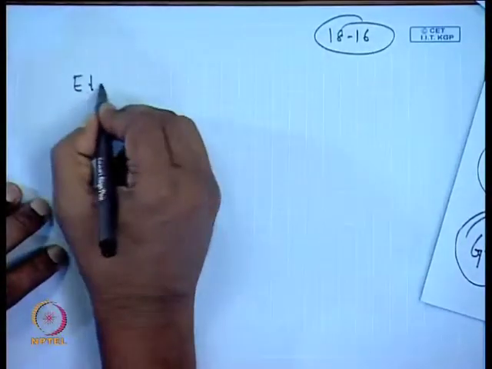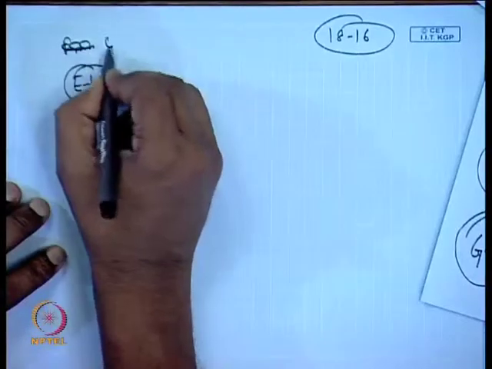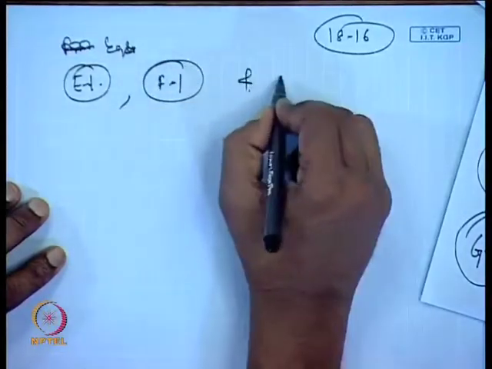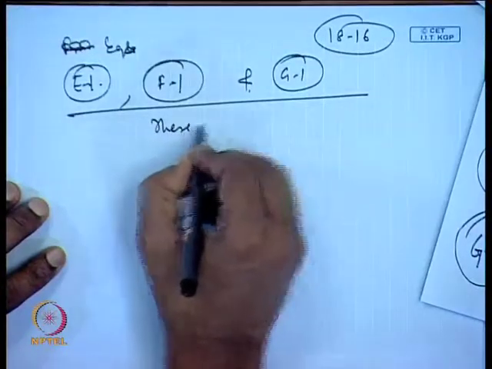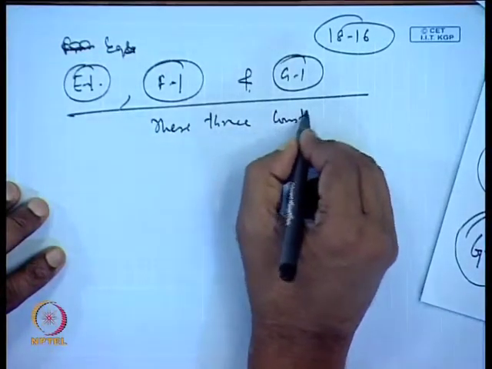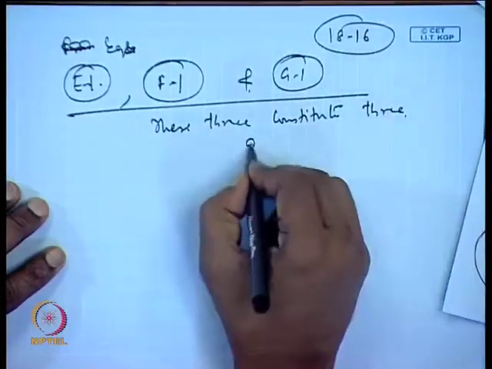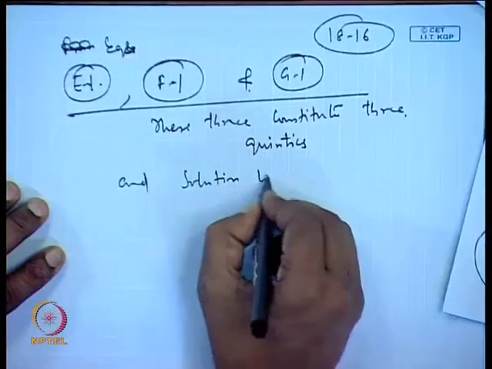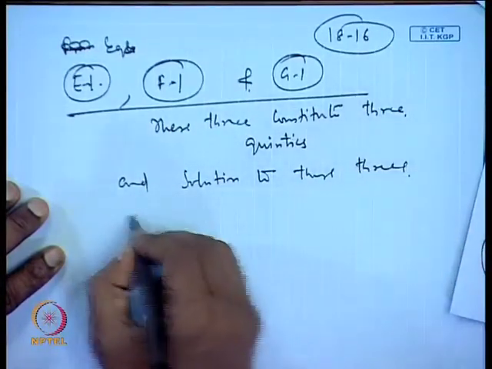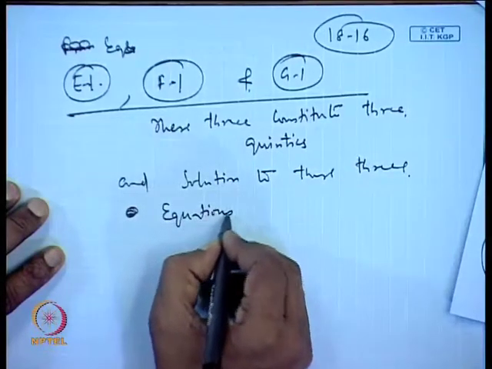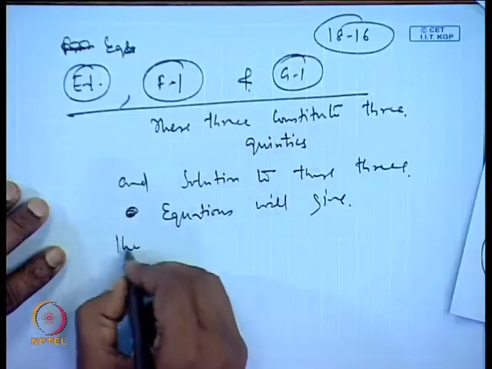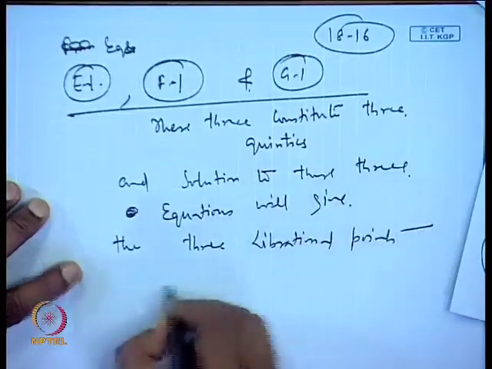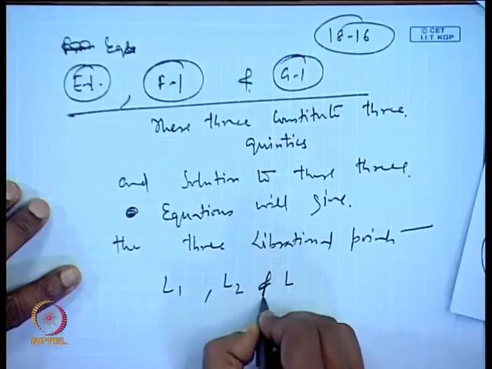So, we have equations E1, F1 and G1. These three constitute 3 quintics, and the solution to these three equations will give the 3 libration points L1, L2 and L3.